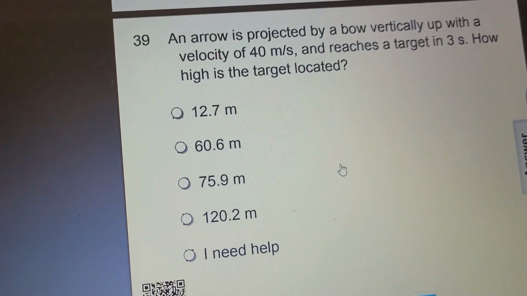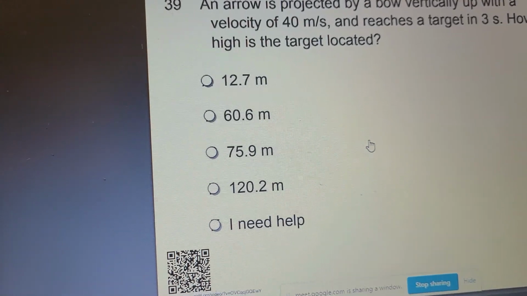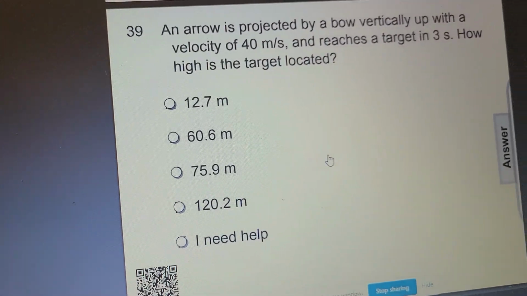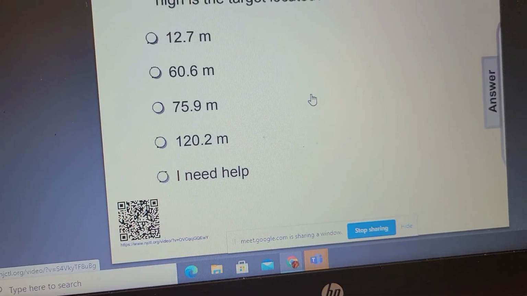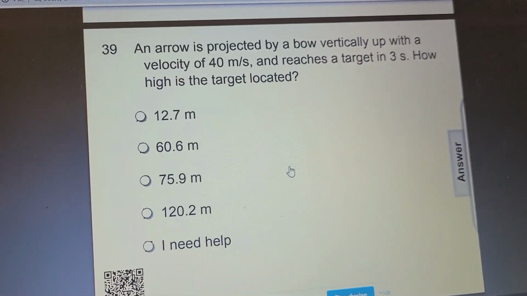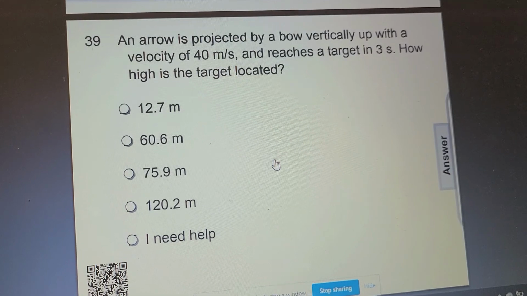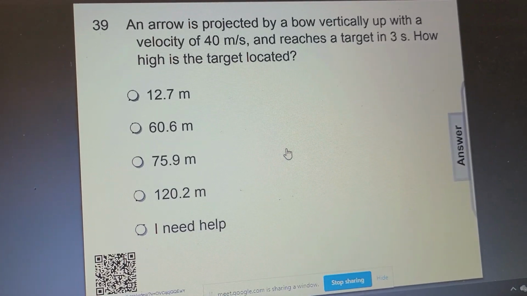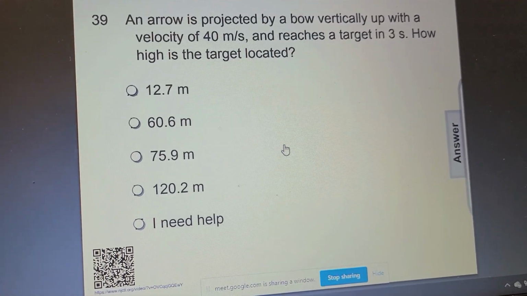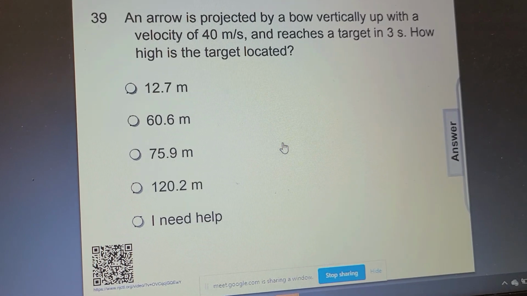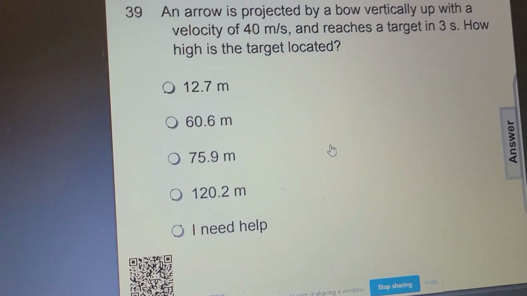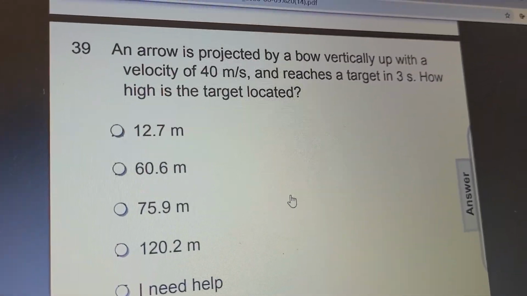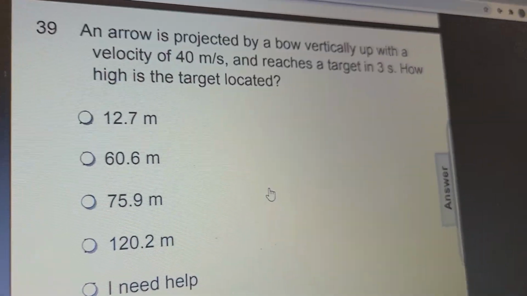Anyone else want to add to why it is or is not starting velocity? Okay, we can skip this one and go to a different variable. I think that A is negative 9.8 because it was shot up, but it's going to come down eventually. So what's acting with it?